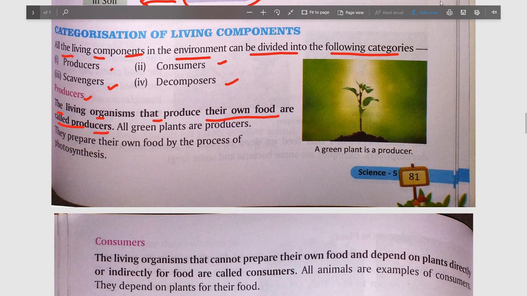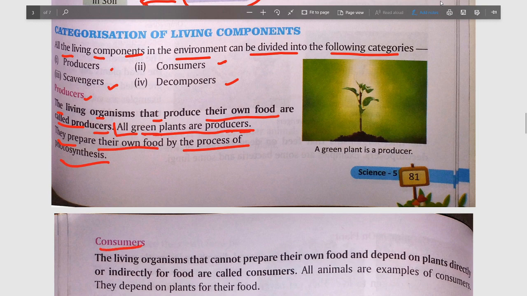So in the category of producers, which organism lies? Plants. As it is mentioned further, all green plants are producers. Why green plants? Because this is a very important and interesting point, that only green plants can make their food. That is why all green plants are producers. They prepare their own food by the process of photosynthesis.